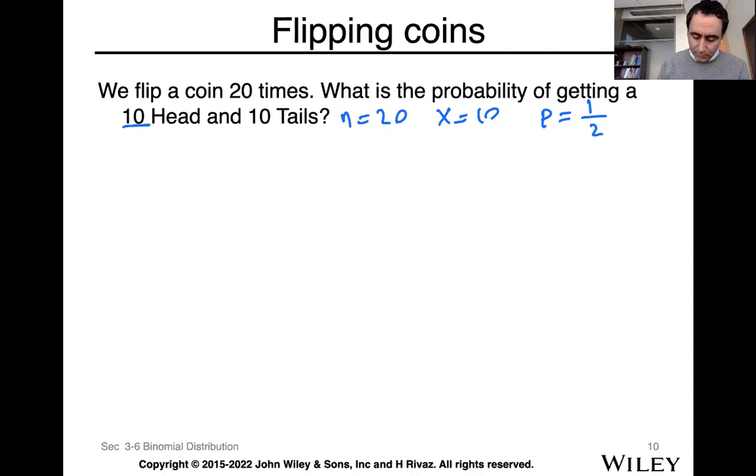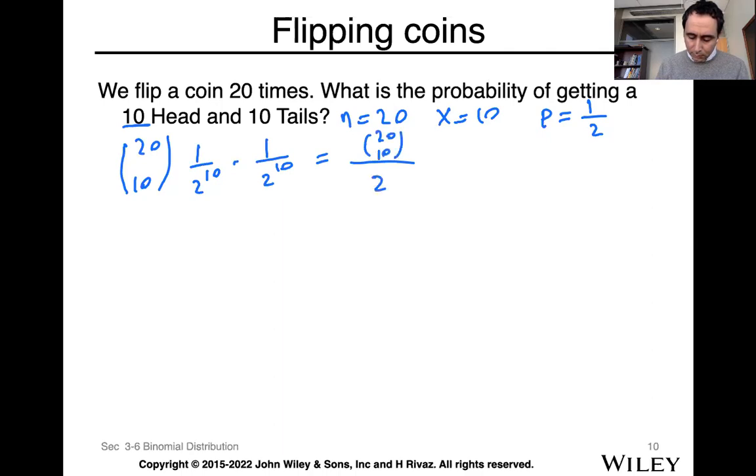The answer is going to be 20 choose 10 times 1 divided by 2 to the power 10 times again 1 divided by 2 to the power 20 minus 10, which is again 10, right? Or we can simplify that as 20 choose 10 divided by 2 to the power of 20.